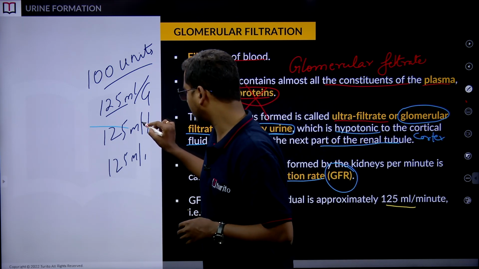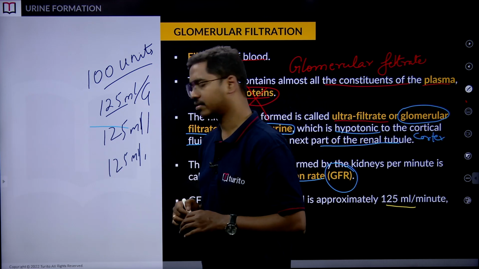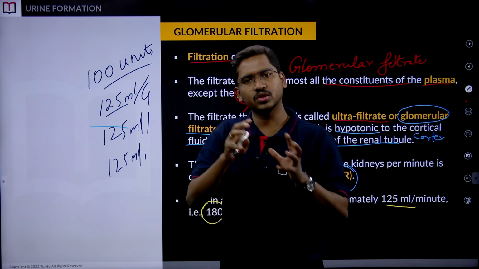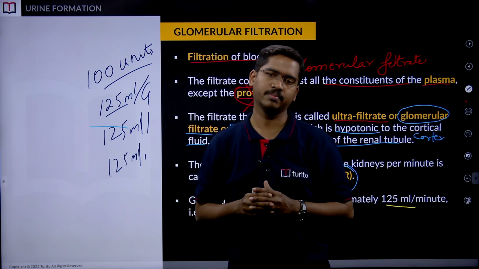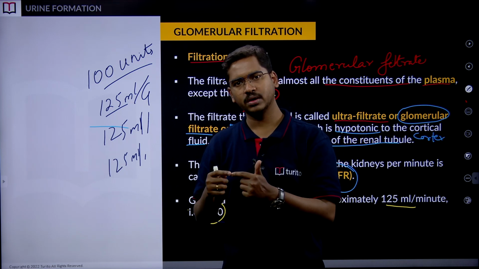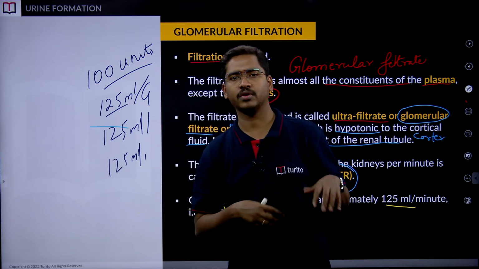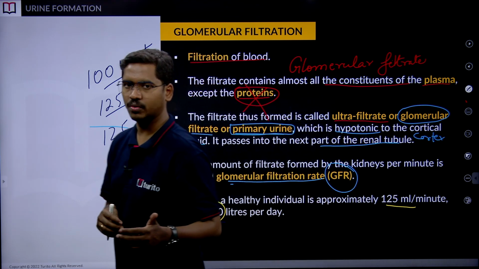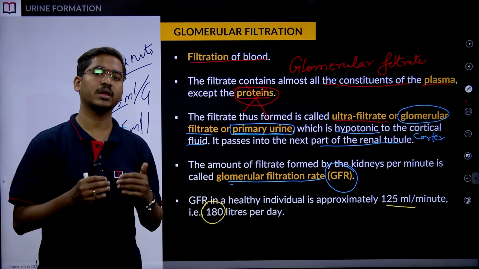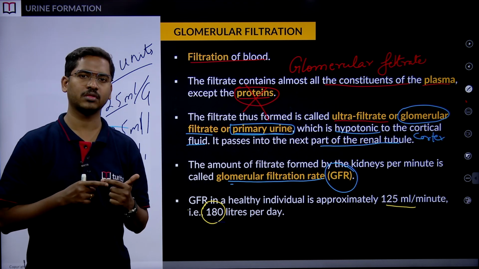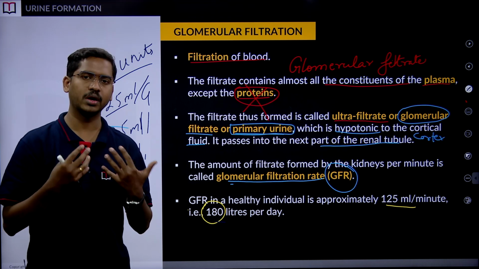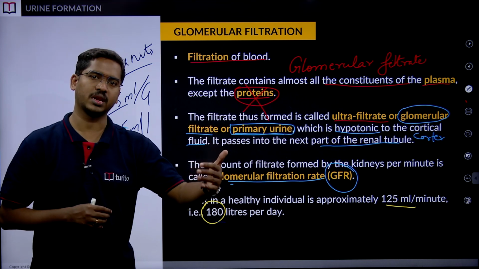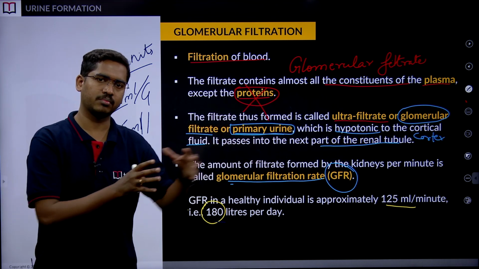So, the first 125 ml of fluid which has passed through the glomerular filtration system will again pass through it once it goes into the body fluids, because the formation of urine and of metabolic wastes is a continuous process. Because of this, our body fluids would have metabolic wastes generated continuously, and they are present in the fluids.